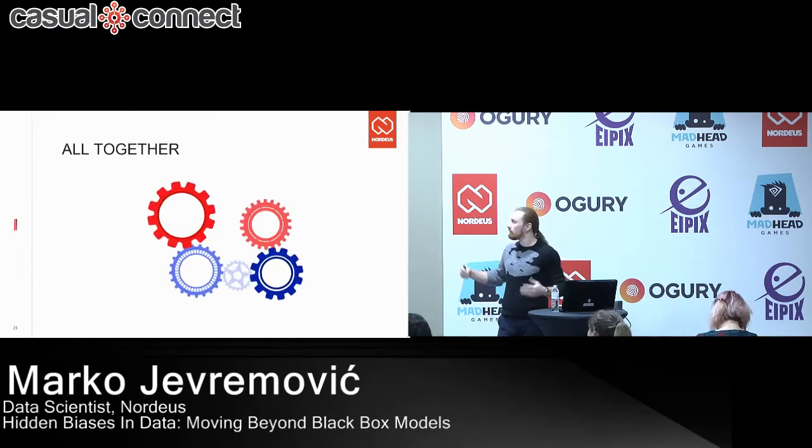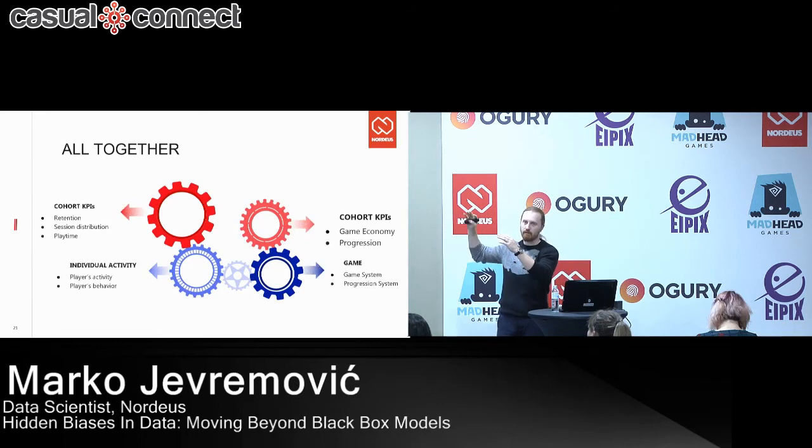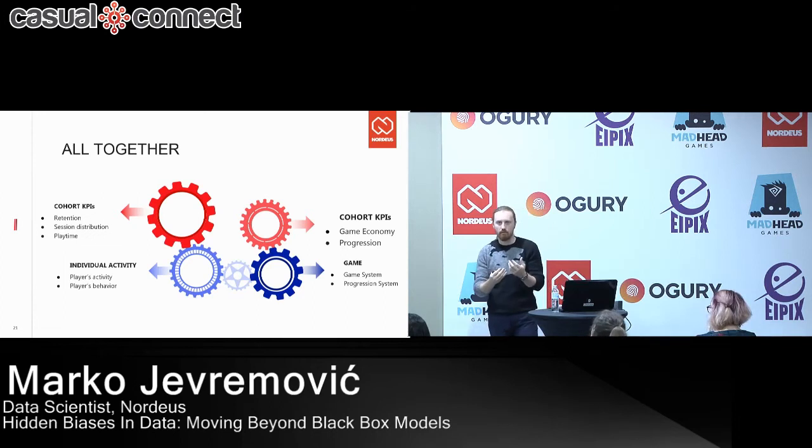So altogether, you start from these high-level metrics, which define how much they're going to play. Then we get individual behavior. We define the game system. We define the behavior, how they're going to interact with it.